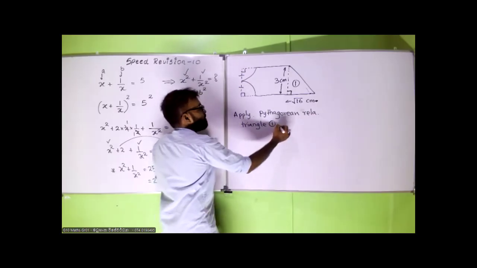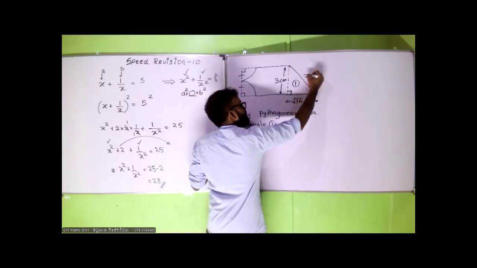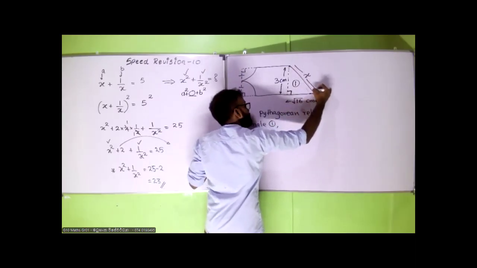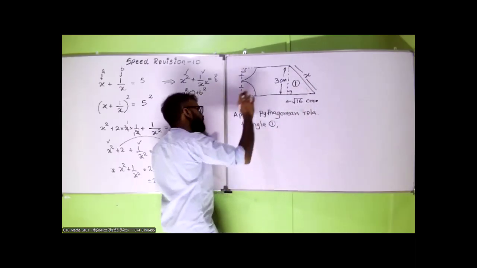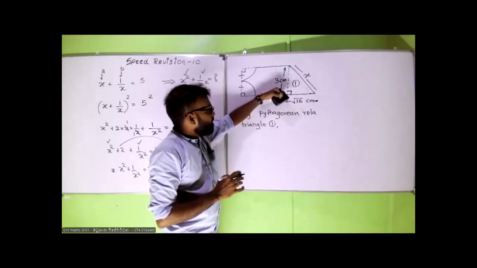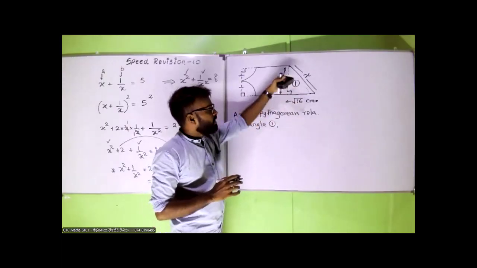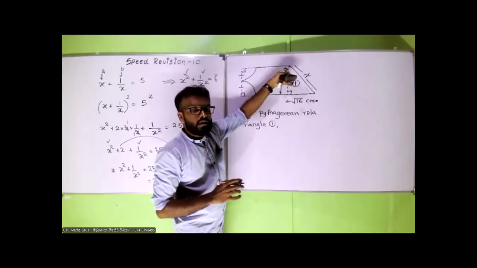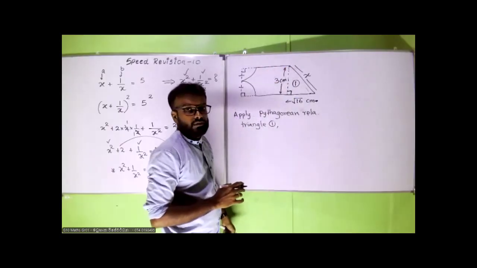So I am going to take this hypotenuse length as x, so that I can directly apply the Pythagorean relationship for this triangle number 1.